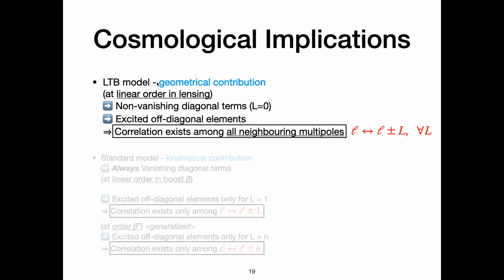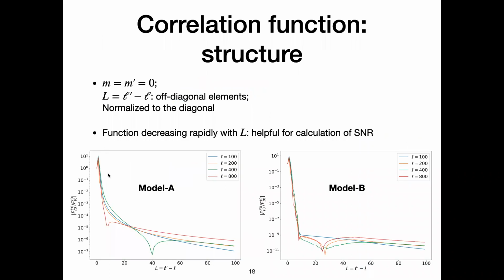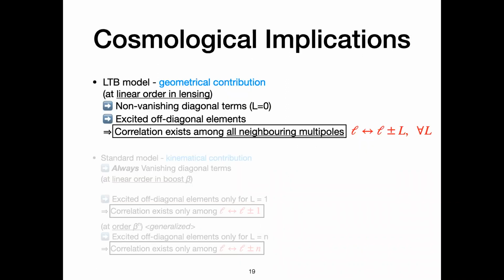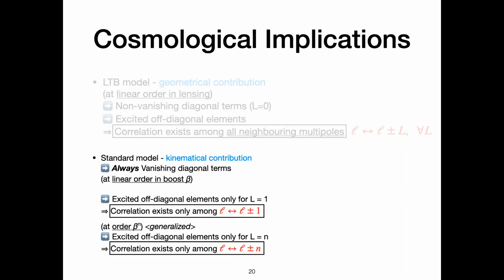So for a linear order in lensing, we see that the correlation exists among all neighboring multipoles because the function is continuous with the off-diagonal elements. Let's keep it aside and look at the standard model.